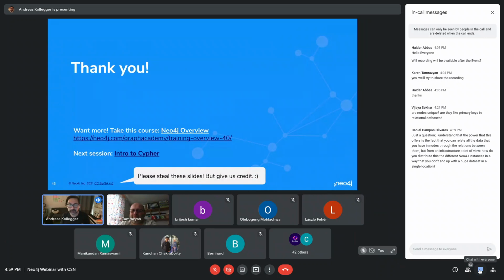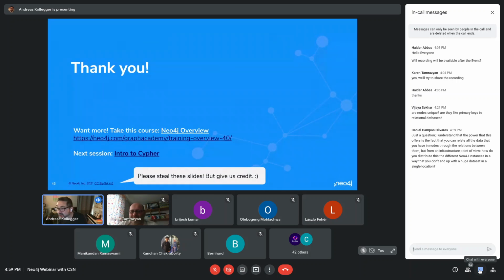But that's not really a primary key. A primary key, of course, as you know, is a domain-related thing. You can then add properties to the nodes, and those properties can be guaranteed unique within the scope of a label. So if you had persons and you had some person ID, you can ensure that that ID is unique, and then use that as a primary key.